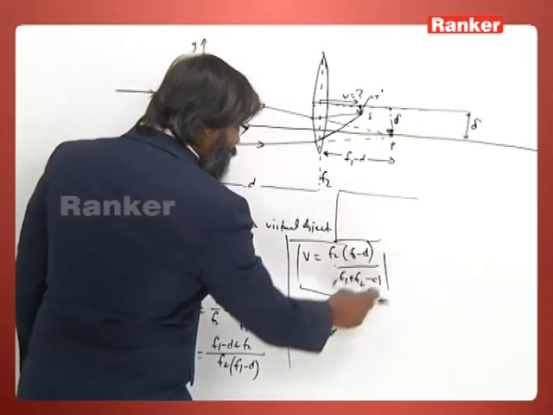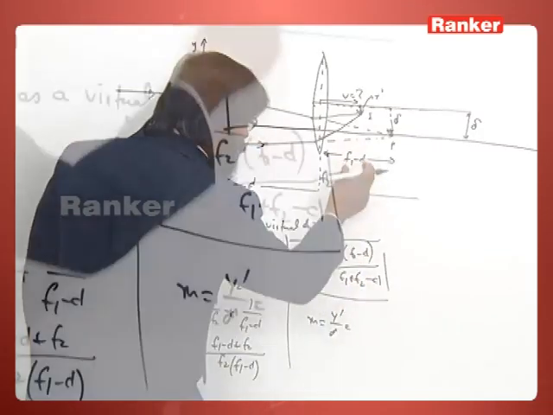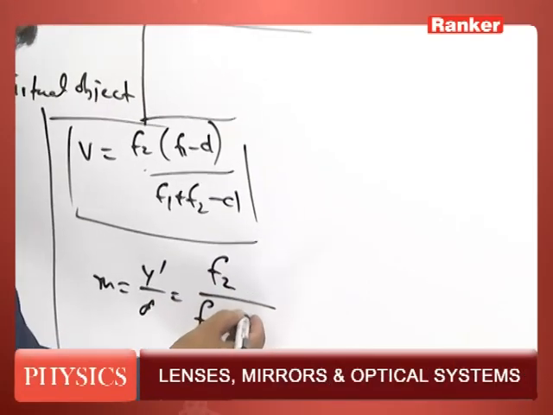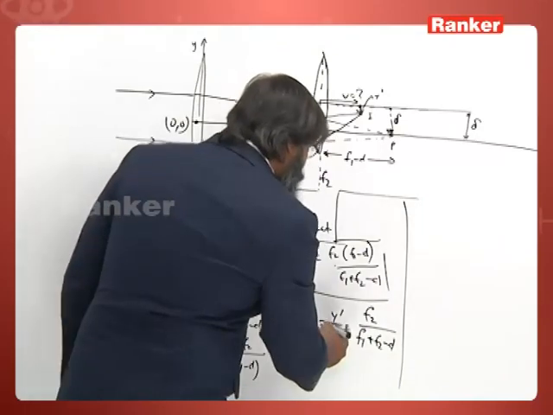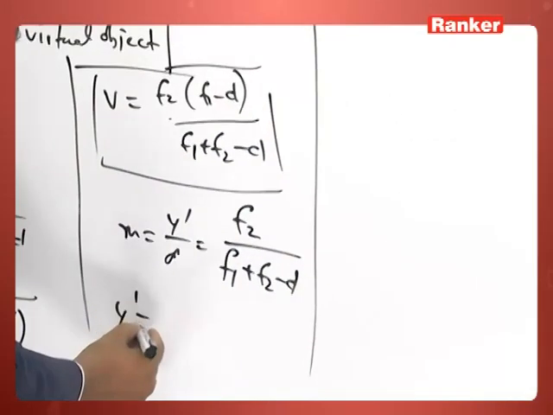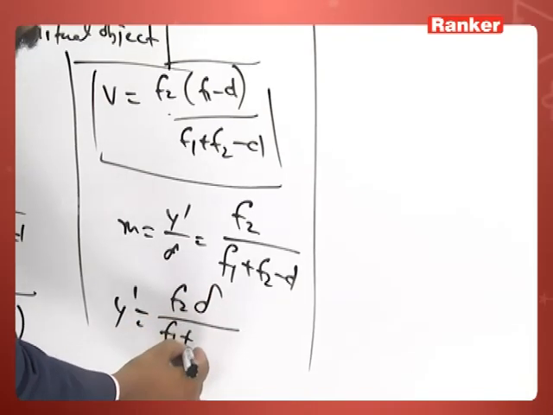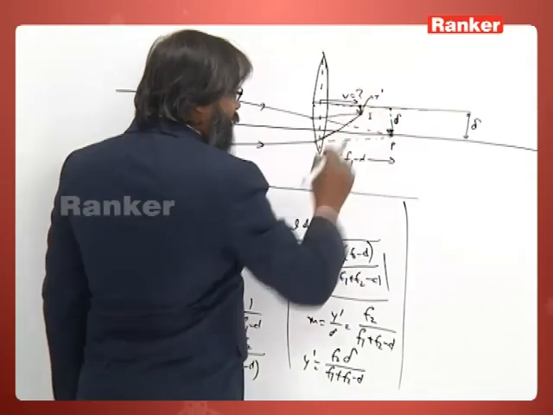So the magnification becomes f2 by f1 plus f2 minus d. Thus you see we got y dash is equal to f2 delta by f1 plus f2 minus d. This is y dash.